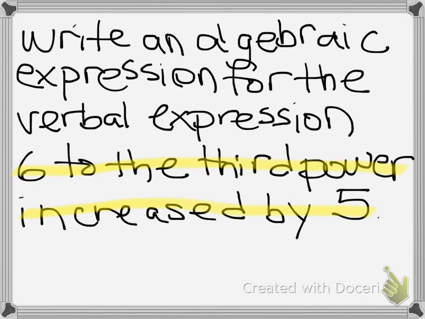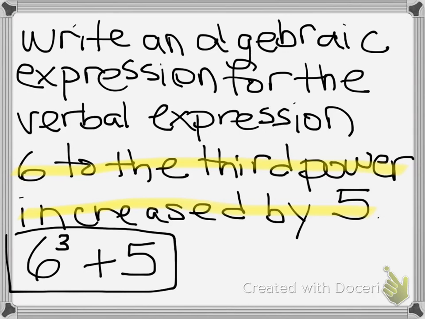Since it's already written as a number, I can keep it as a number 6. To the 3rd power means that it's going to be cubed, so I would write a 3 as the exponent. And then the words increased by means adding, okay? So I would add 5, and that would be my answer.